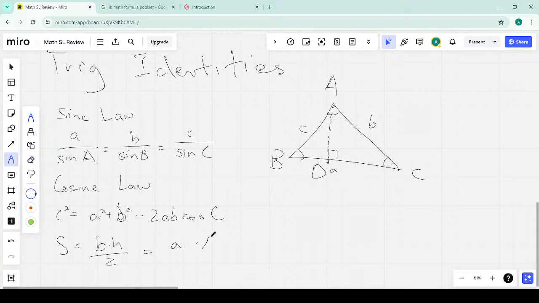So would be times AD over 2, and we know that AD is also B times sine C, correct? So A times B times sine C over 2. Basically, if you have two sides, you find the sine of the angle between them, multiply all three together, then divide by 2. That's the area.